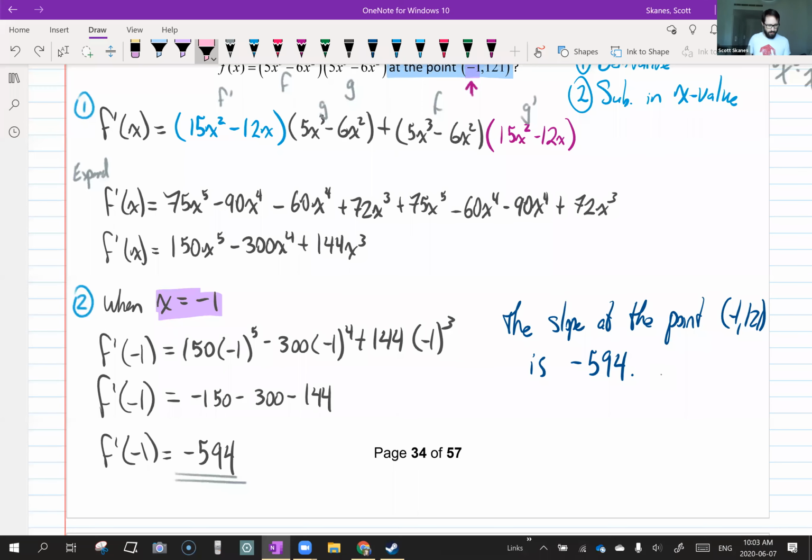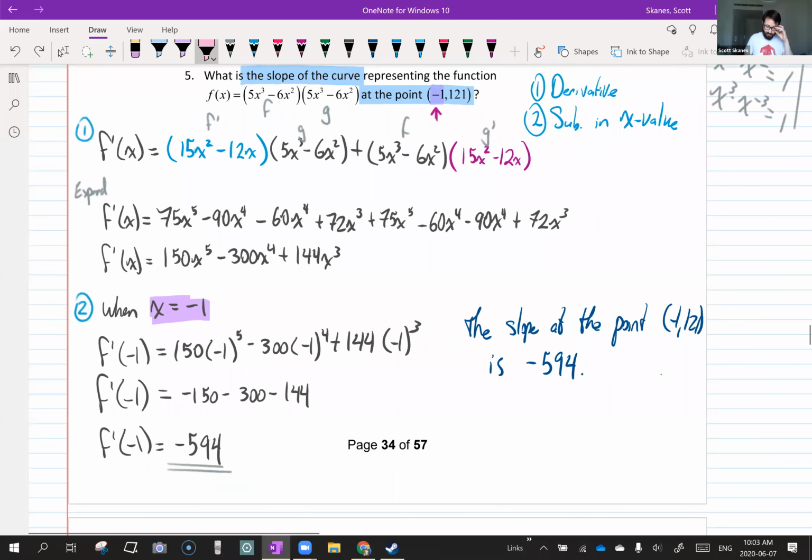Okay, so I want to show you what this looks like again. First of all, I want you to understand what the question means. We've got our answer now, -594. What does that mean? Well, it means that whatever this function looks like, at the point -1, the slope must be super steep in the negative direction.